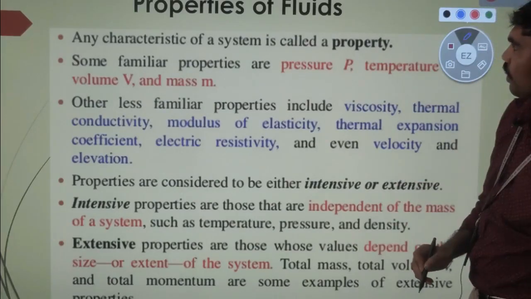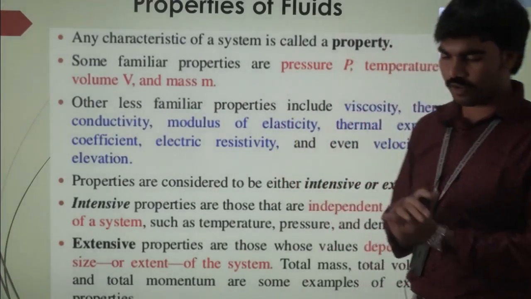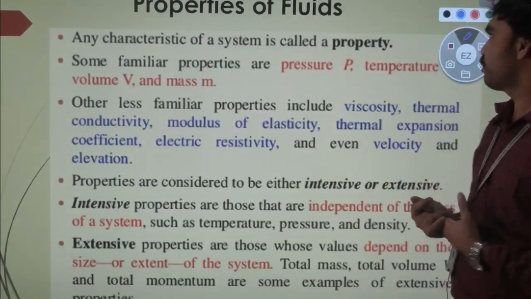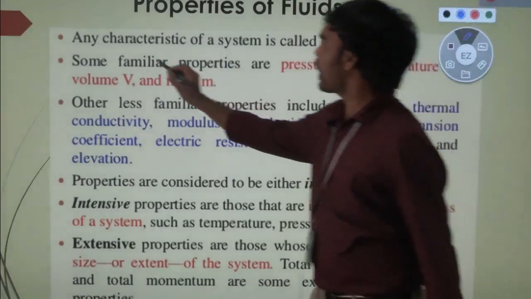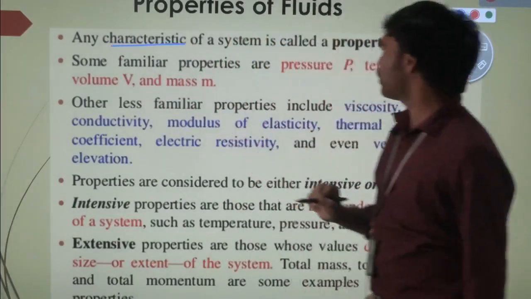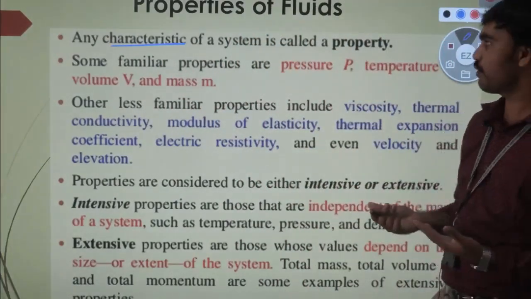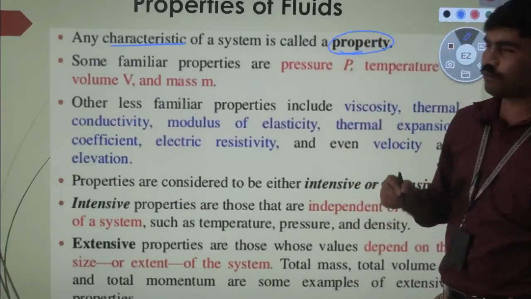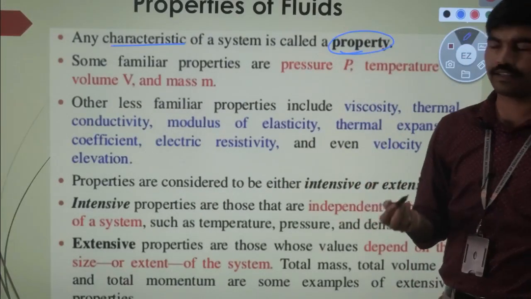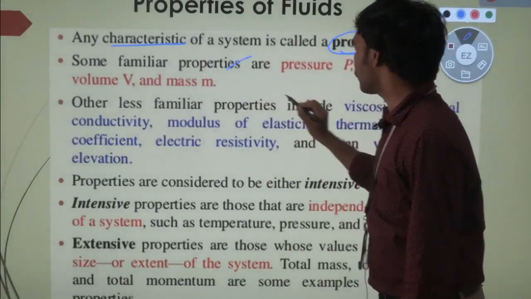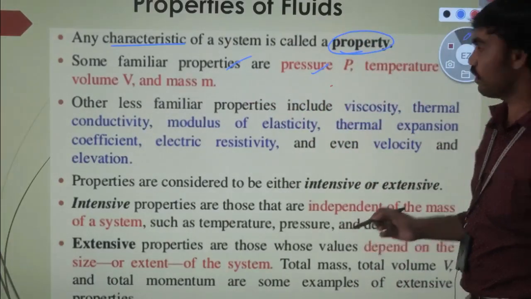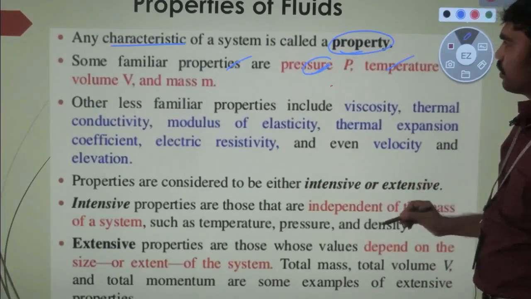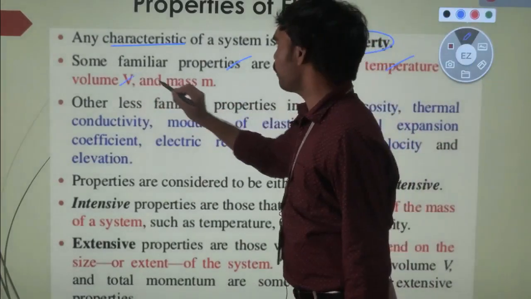So, fluid properties. Now we are going to the first topic, properties of the fluids. What is a property? Any characteristic of a system you can call a property. Some well familiar properties of systems are pressure, which we discuss almost every time, and also temperature, volume and mass.